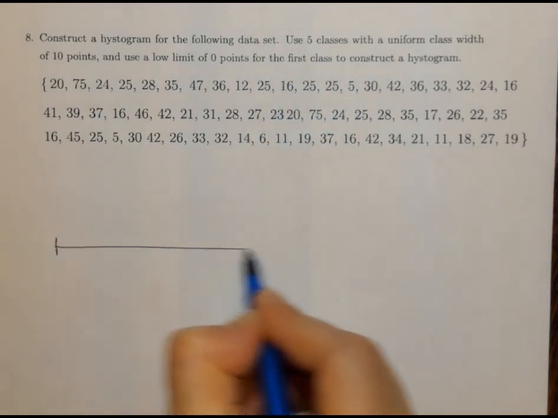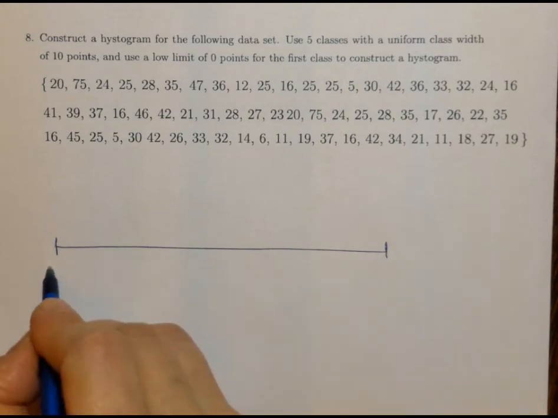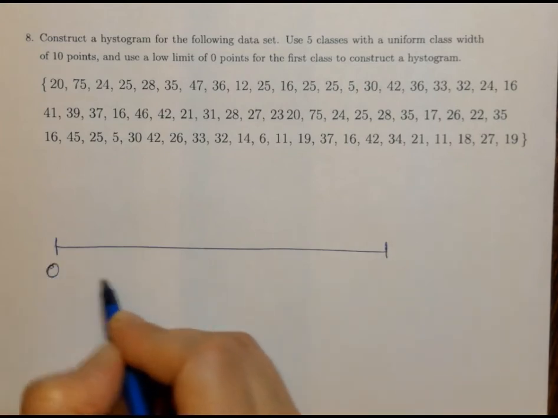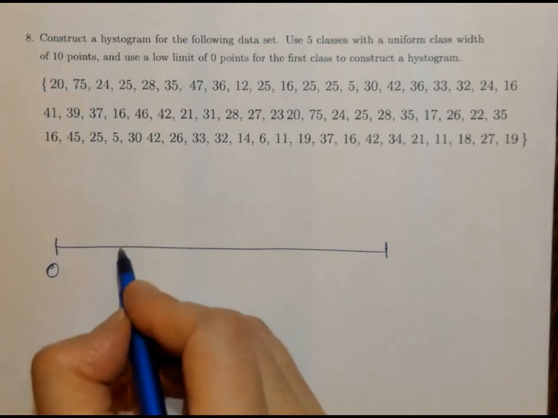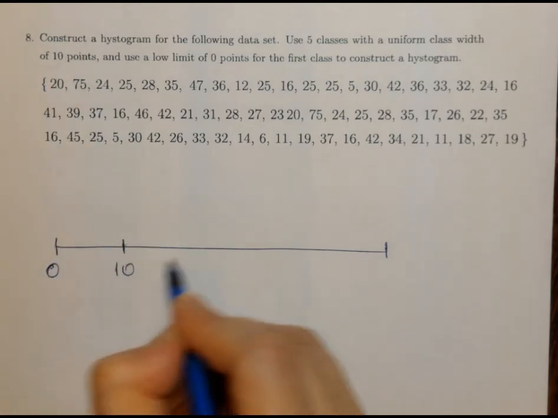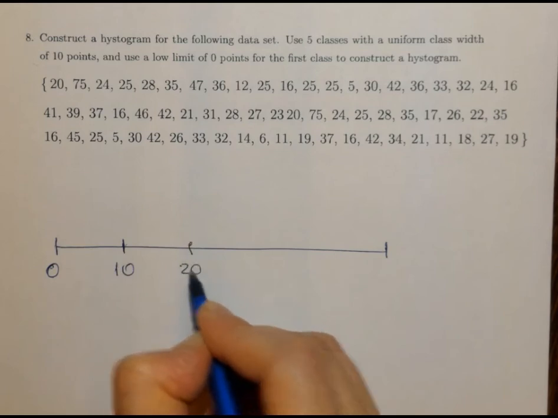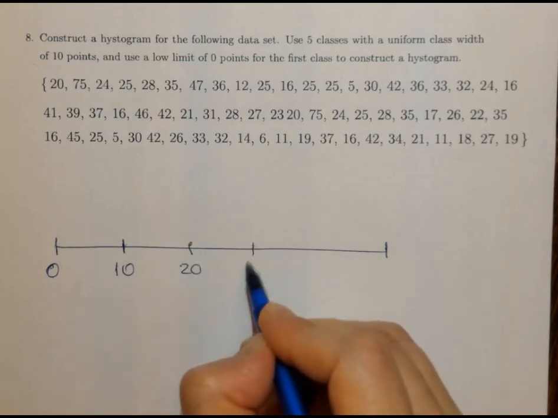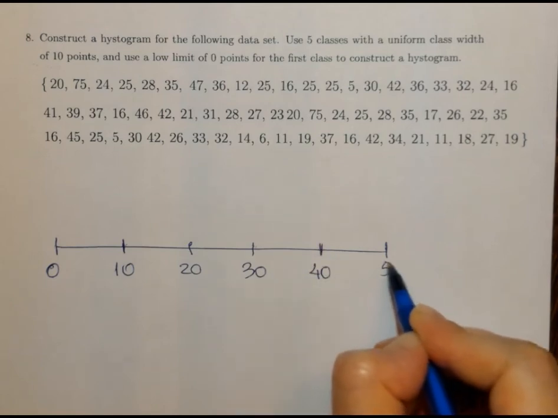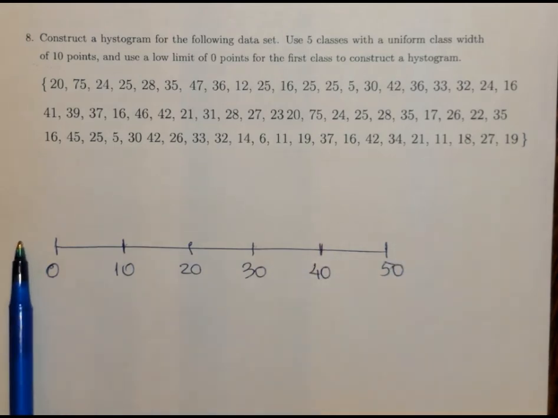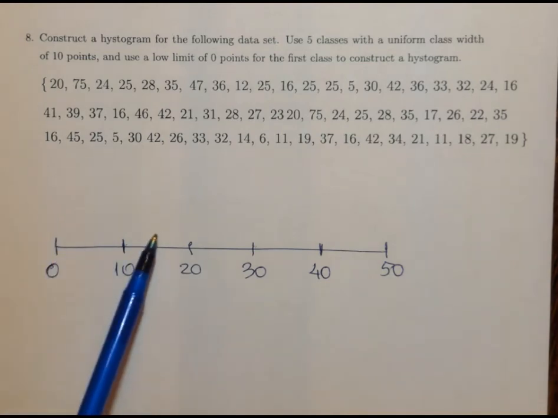So the first class starts with 0, then the width is 10, so it will be 10, 20, 30, 40, and 50. Let us count how many numbers will fall in each of these classes.